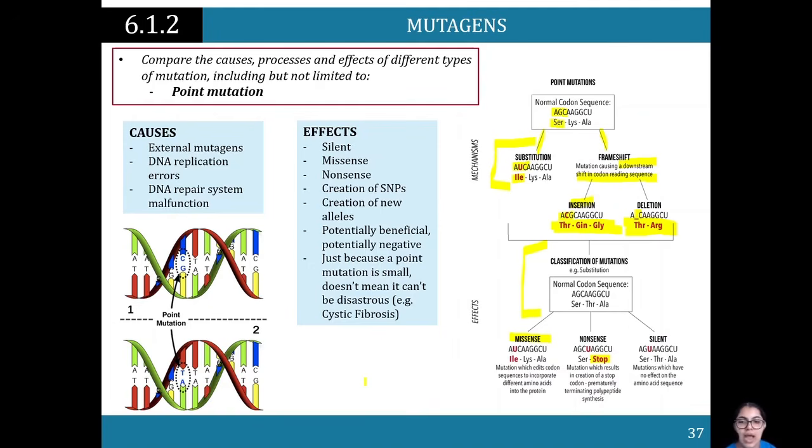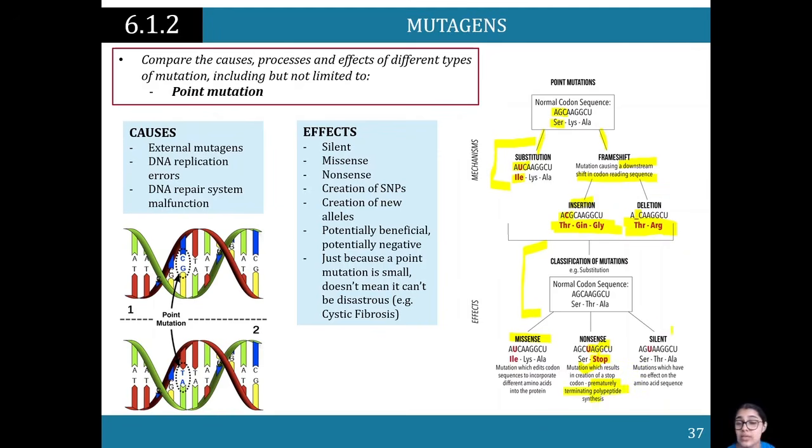It should pop up, and you could see, for example, that the codon here, UAG, is a stop codon. That is telling us that the process stops. And as you can see, it has prematurely stopped the process, and it has prematurely terminated the polypeptide synthesis.